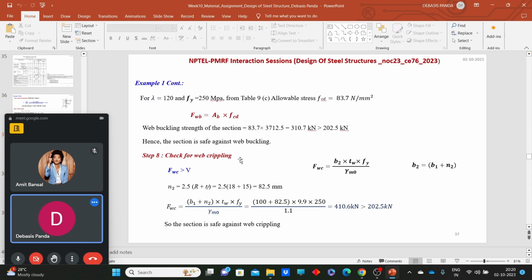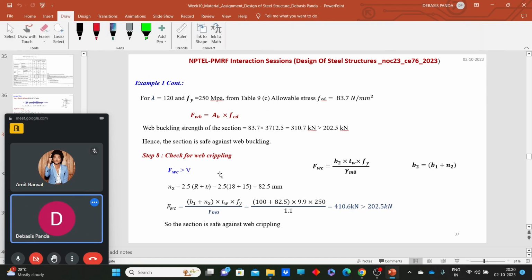So check for web crippling. Now how can we calculate the web crippling strength? Web crippling strength can be calculated using FCW. FCW is equal to B2 tw fy by gamma m0, where B2 is nothing but the bearing length plus N2. Now this N2 is calculated with respect to the empirical load distribution formula.